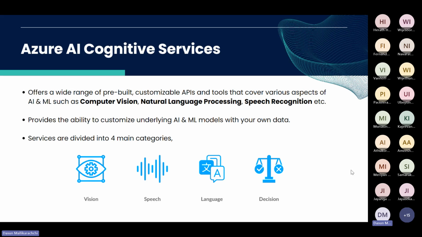Then you have language, which is the natural language processing services associated with Azure AI. And then you have decision, which is the decision making and knowledge mining services and tools of Azure AI.